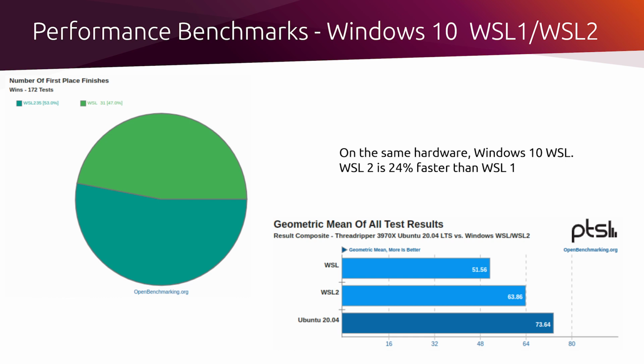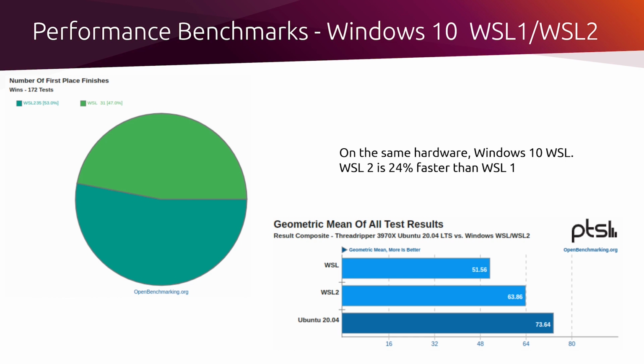On a set of 172 tests, we see that it's almost equivalent, but there is a small win for WSL2. WSL2 performs better on 53% of the tests. And if we compare the raw results, the speed of the improvement between WSL1 and WSL2, we see an improvement of 24% between the two versions.